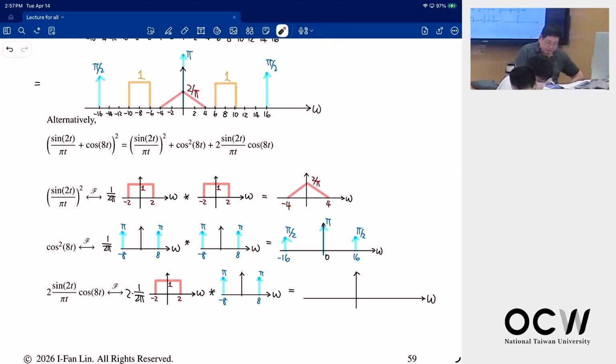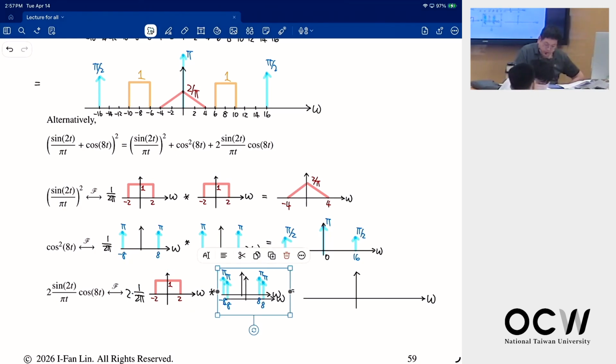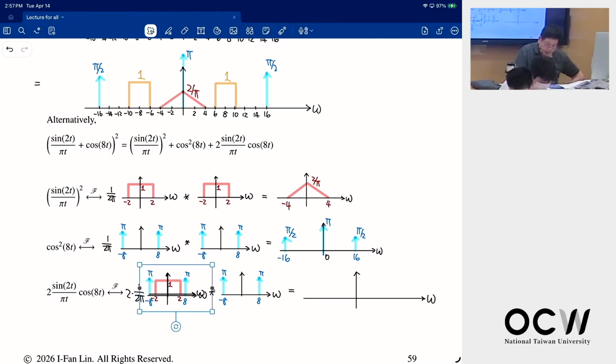And now let's see the sinc function and cosine function. When they are multiplied together in the frequency domain, they are doing the convolution. So again, for the convolution, you can switch either this or this one. Doing this, for example, at 0, nothing. When they move 2, to -2, I get pi, right?